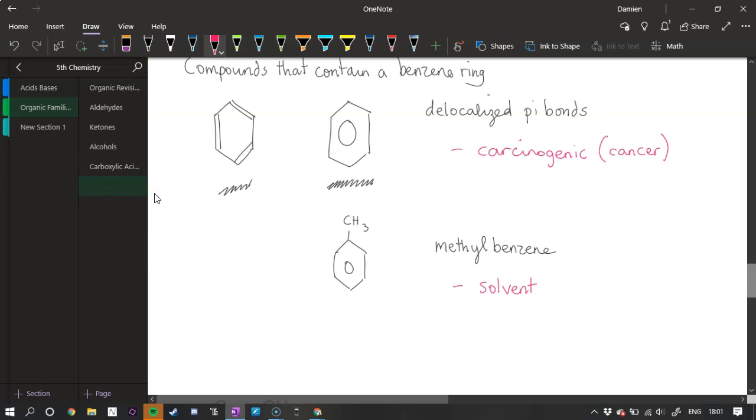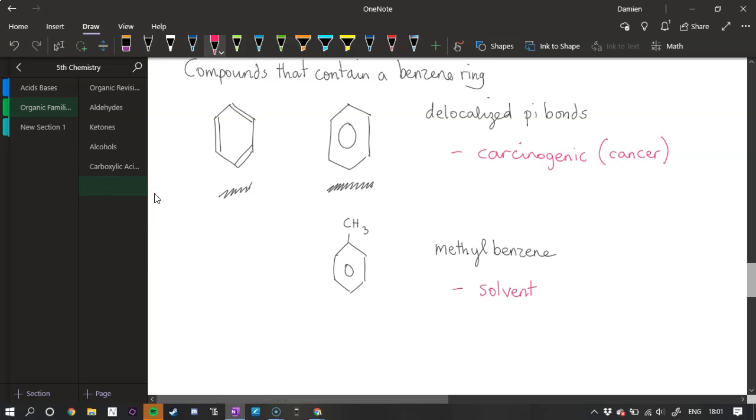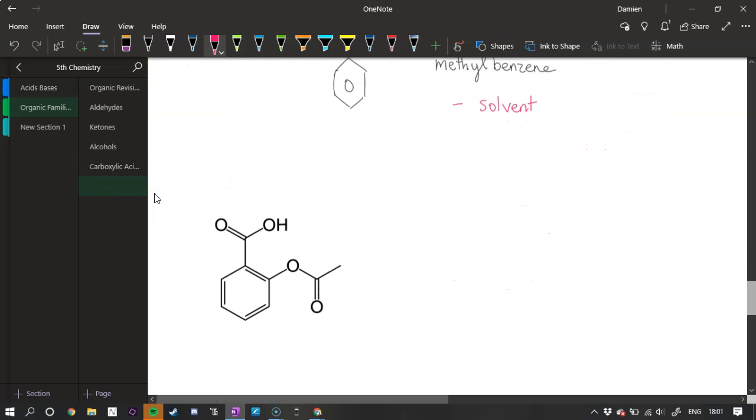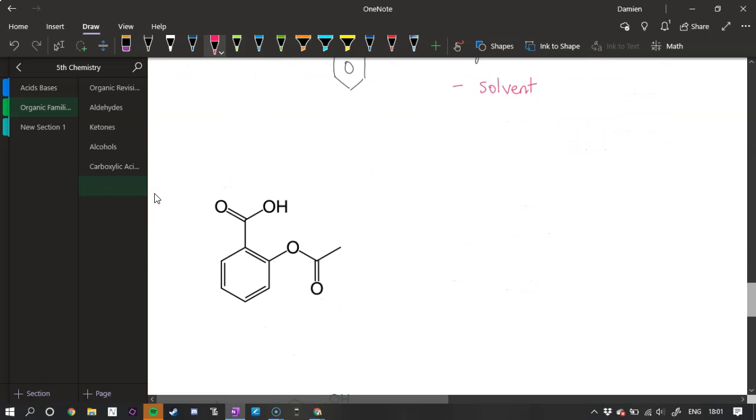Other examples of compounds that contain benzene but aren't carcinogenic: the first one up here, I'm sure you know, is aspirin. As you can see, there's your benzene ring just there. And where are all the carbons in this? The carbons are at the nodes.